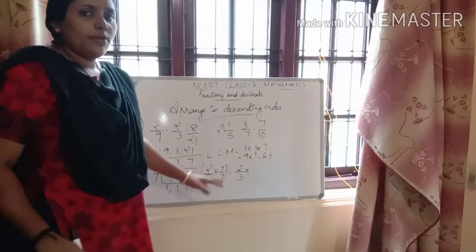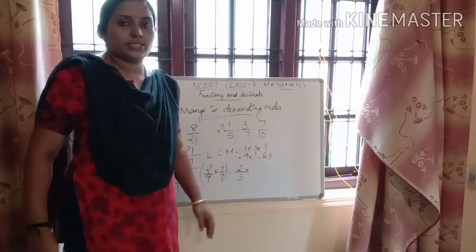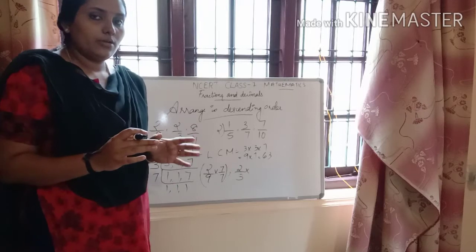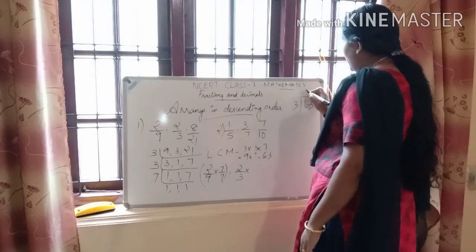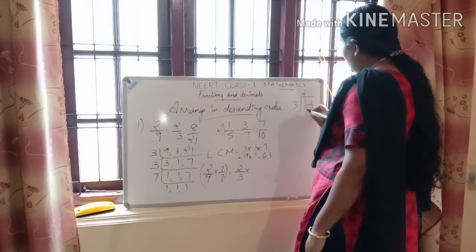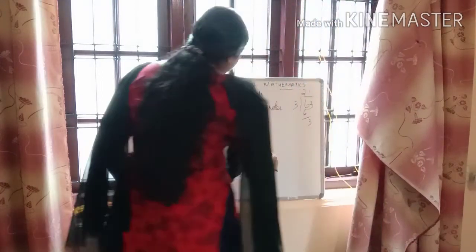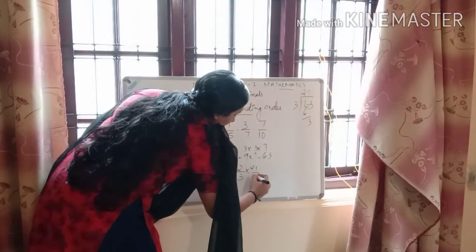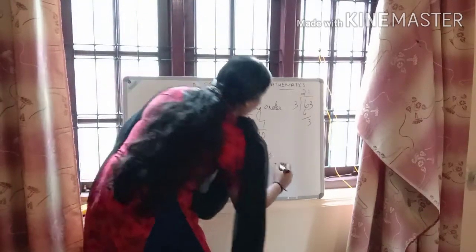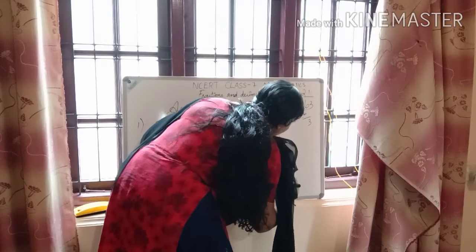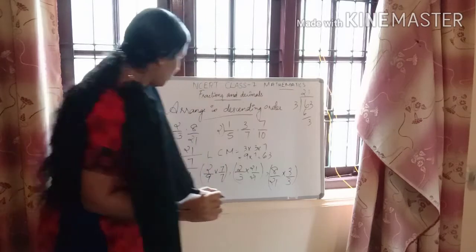To convert this 3 to 63, we just need to divide 63 by 3. We get 21, so we have to multiply and divide by 21. Then we get 8 by 21 into 3 by 3.